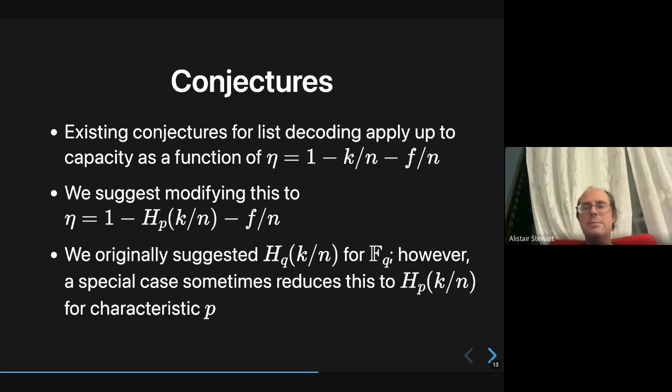We first suggested putting in this HQ of k over n. However, 2 papers have now come out proving that this doesn't necessarily work for extension fields. For prime fields, it does work, with HP of k over n, where p is the size of the field.